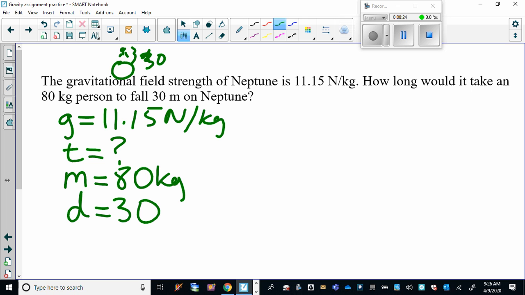Okay, well, those are interesting variables, aren't they? You've got a g, a t, an m, and a d, and there is no formula with those variables in it. However, you have to remember that g is gravitational field strength, but is also acceleration due to gravity.